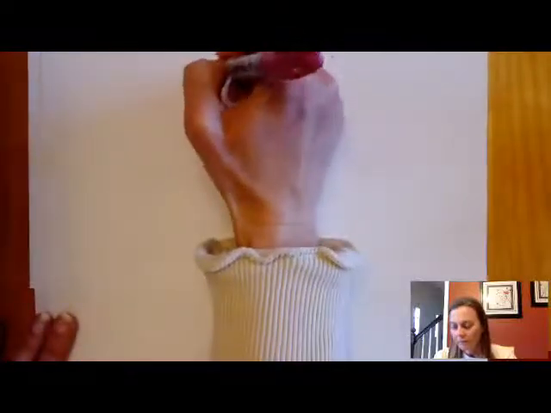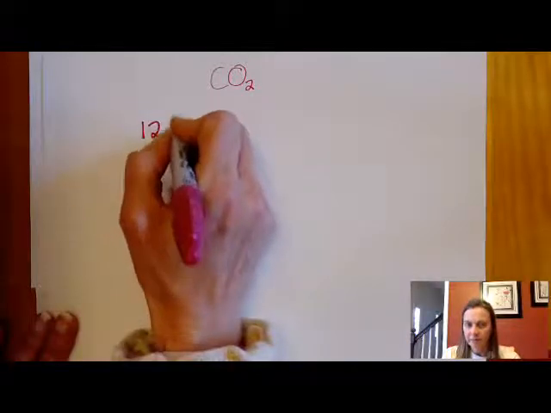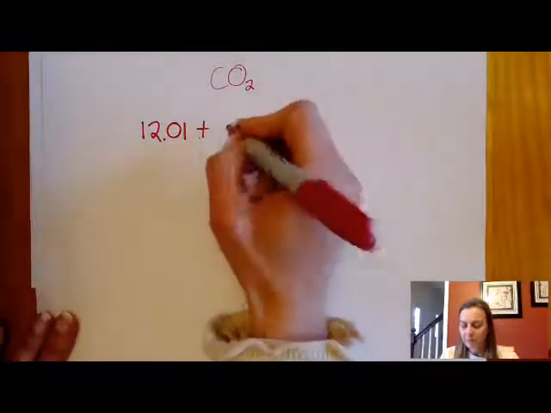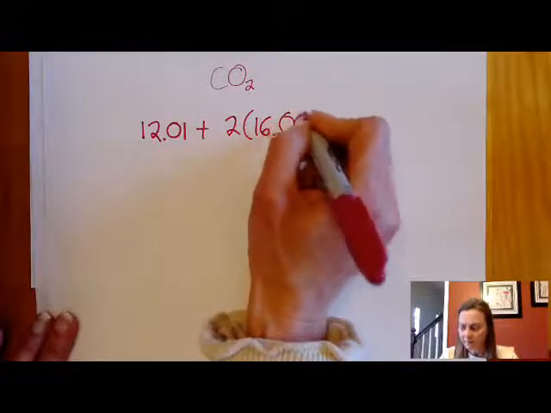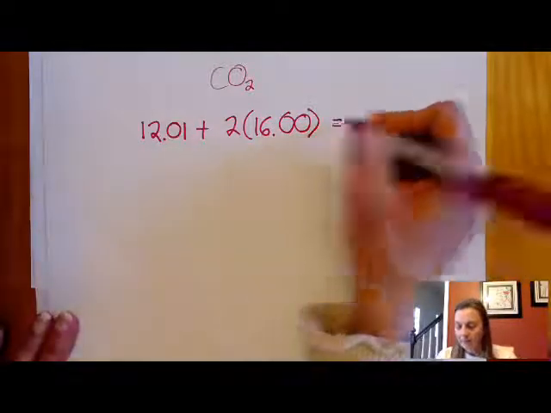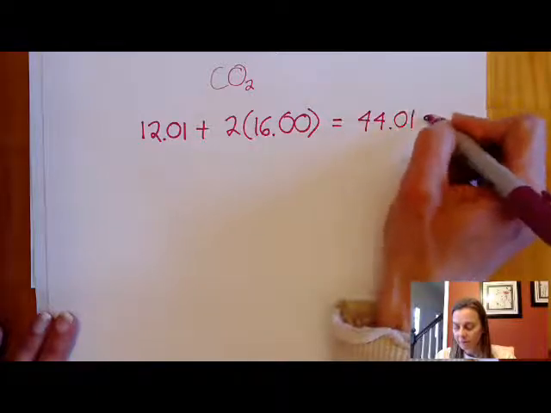So if we do carbon dioxide, the molar mass of carbon is 12.01 plus 2 times the molar mass of oxygen, which is 16.00. And we get that the molar mass of carbon dioxide is 44.01 grams per mole.